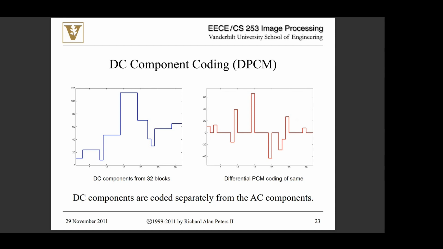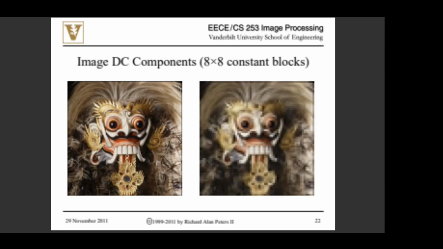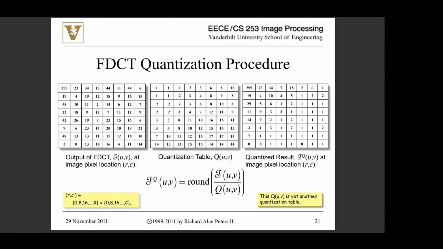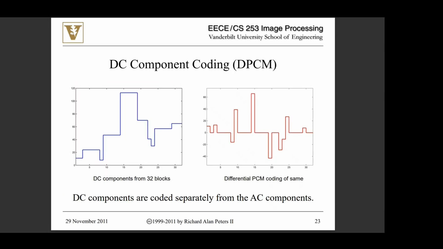You separate the encoding of the first component, so these coefficients will be encoded in one way. All the other coefficients, the AC components, the alternating current components, so the frequency components, will be encoded in a different way. The DC components are done with differential PCM, and the differences require fewer bits because they are closer to 0.